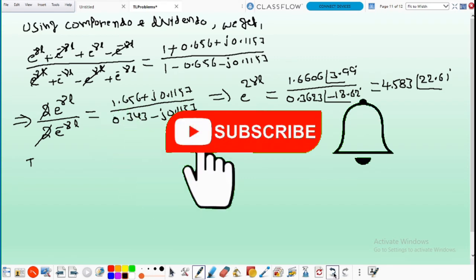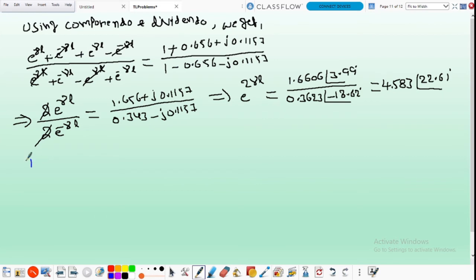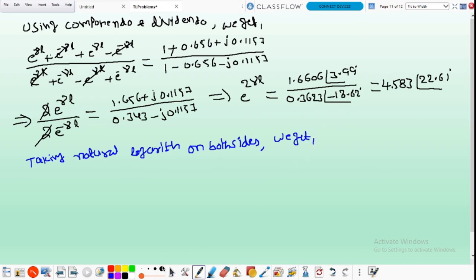Applying the natural logarithm on both sides, we get the natural logarithm of the LHS term is equal to the natural logarithm of the RHS term.